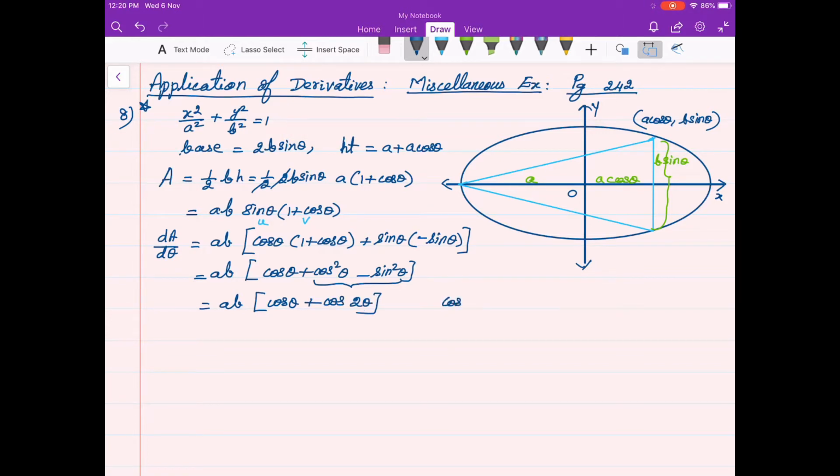We will use cos x plus cos y formula, which is 2 cos of (x plus y) by 2 and cos of (x minus y) divided by 2.